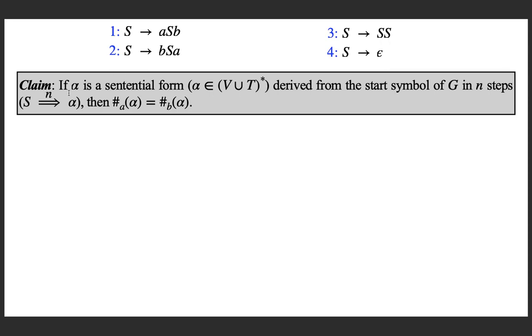What is the claim? If alpha is a sentential form, meaning any string of variables and terminals, which is derived from the start symbol of G in n steps, then we are going to apply the principle of mathematical induction on the number of steps used to derive the string.